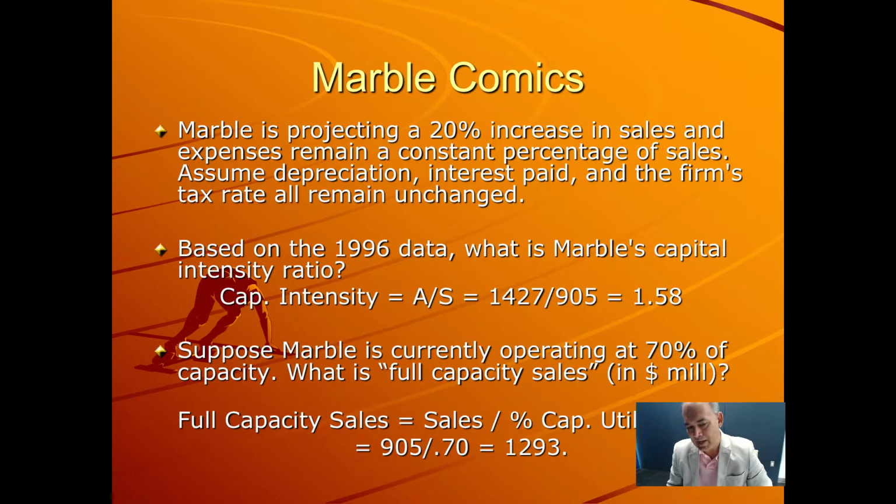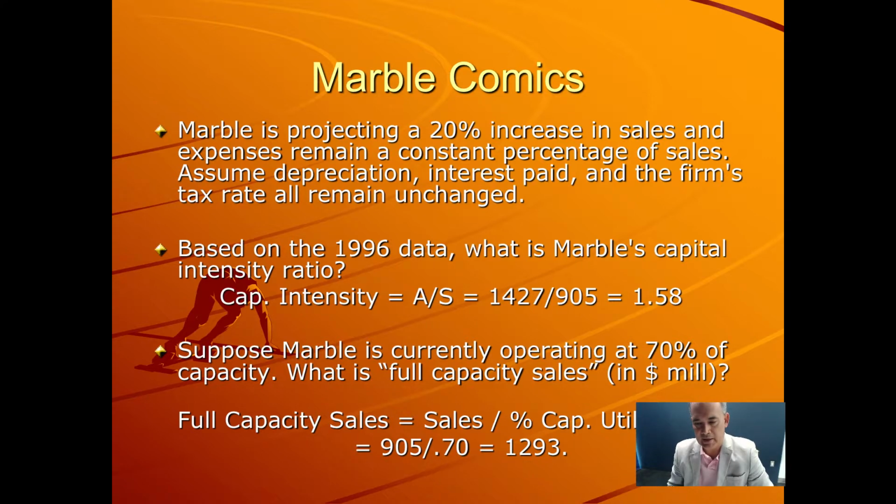Okay. Now, suppose that Marvel is currently operating at 70% of capacity. So what is my full capacity sales? Look, if Marvel is working with a production slack, because it's working at 70% of full capacity, we can make a very simple rule of 3.